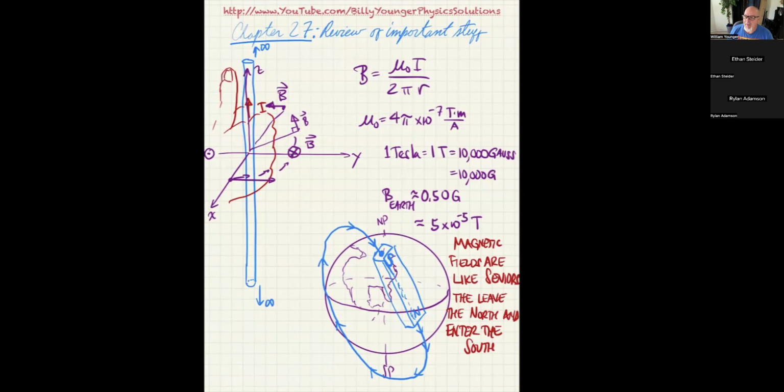And what I want you to imagine is a plane perpendicular to the wire, and on that plane, draw that circle that I told you about, centered on the center of the wire. That distance r is the distance from the center of the wire to the circle that you drew. And if that's the case, then the formula for the magnetic field strength at that location is mu0 times the current divided by 2 pi times r.